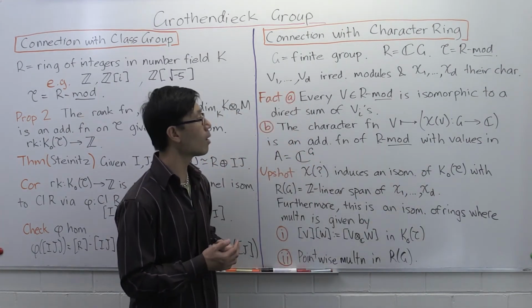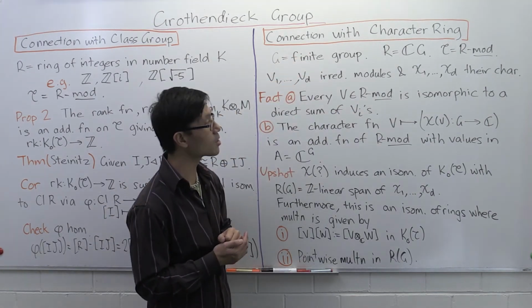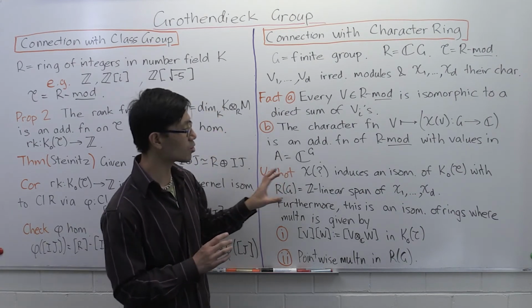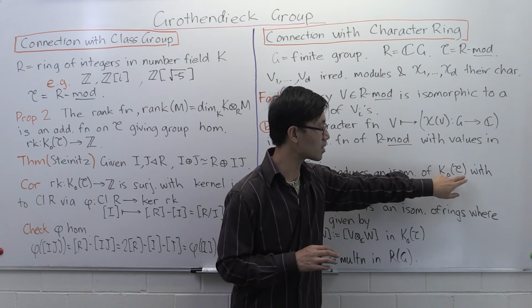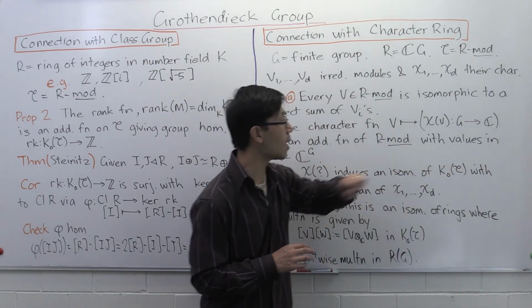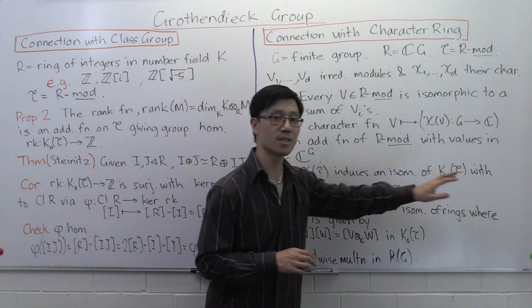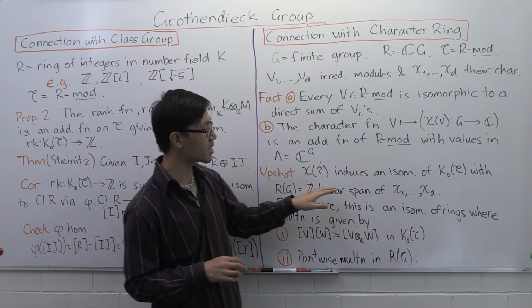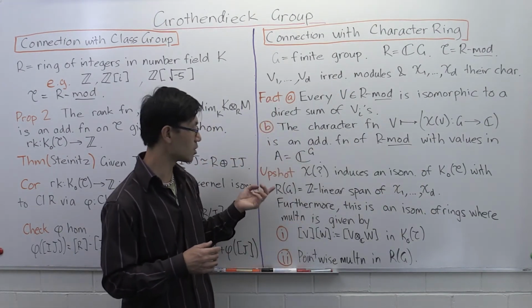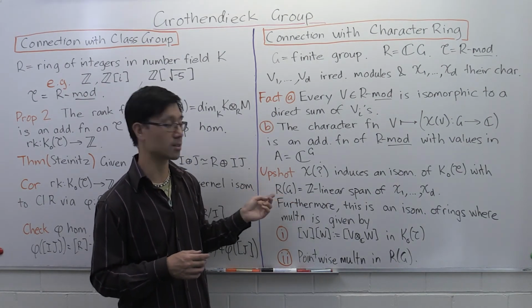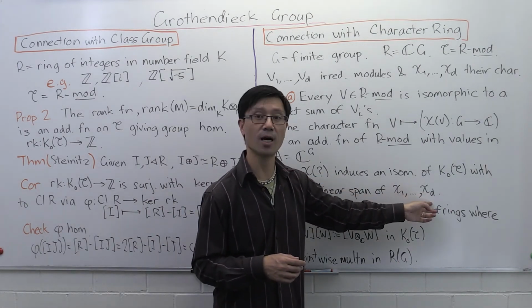Remember the fact that every V is a direct sum of these V_i's. It's character theory, and if you analyze also the example of the Grothendieck group of the finite dimensional vector spaces over a field K, we'll see that basically this Grothendieck group K0 of C is isomorphic to the Z linear span of these irreducible characters chi_1 to chi_d. That's often denoted R(G). It's like a character ring. So just the Z linear span of chi_1 up to chi_d.